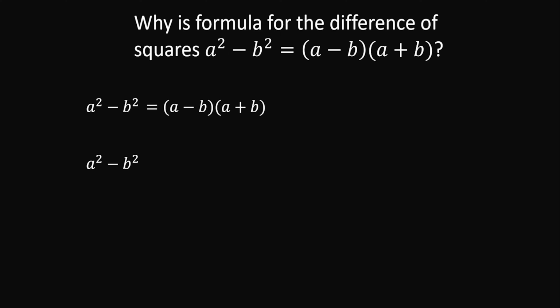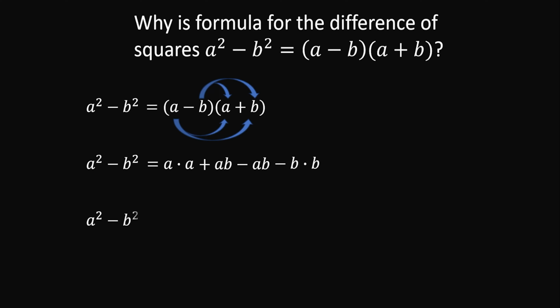Now, let's check this by multiplying each term individually. So we get a times a, then we get plus a times b, then minus b times a will be equal minus ab, and we have minus b times b.